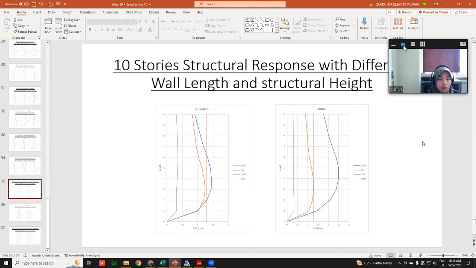From my understanding, Kobe is a stronger earthquake compared to El Centro, and that's why the interstory drift is bigger compared to El Centro. Without using time history analysis, can you explain this? Can you predict this difference based on displacement, without doing time history?